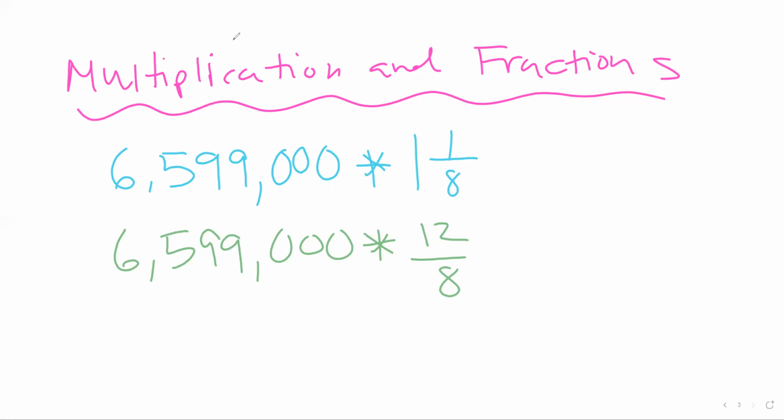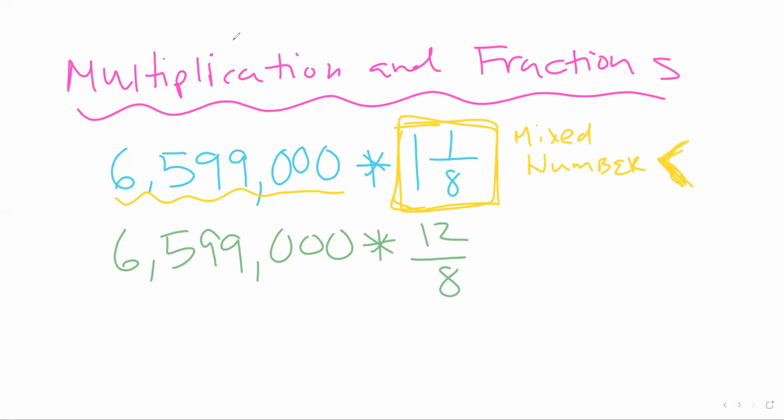One, this is a mixed number. And one thing I know about mixed numbers is they are larger than 1, right? So technically, if I was just to estimate, I would know that if I multiplied something larger than 1, although it's just a little bit larger than 1, times this number here, then I'm going to get an answer that is larger than the number I'm starting with, right?